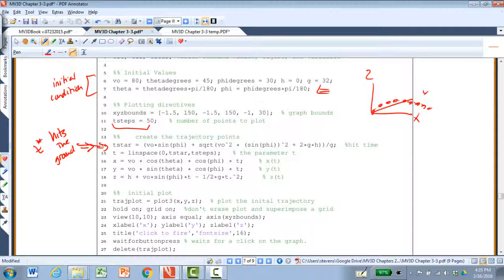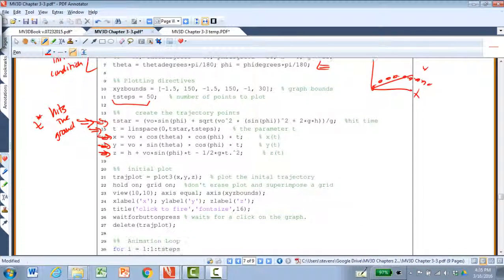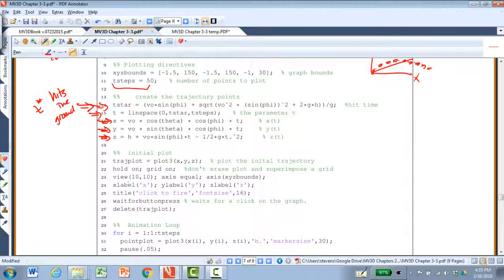So that's when it ends. That's when it hits the ground. And so the time steps, I'll go from 0 when it starts to T star when it ends, and I'll do 50 time steps. And there's just my position function in terms of X, Y, and Z. And then all I'm going to do is plot X, Y, and Z with plot3. Remember, that's how we do three-dimensional curves in terms of parametric functions.